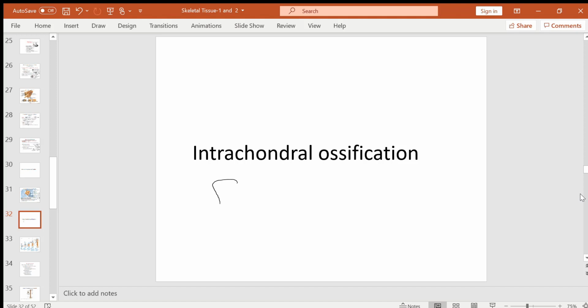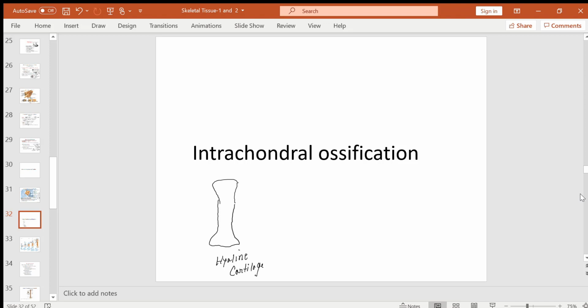I may ask you to explain the endochondral ossification. Okay, so this is a piece of hyaline cartilage in the fetal skeleton. Okay, so this is hyaline cartilage in fetal skeleton.